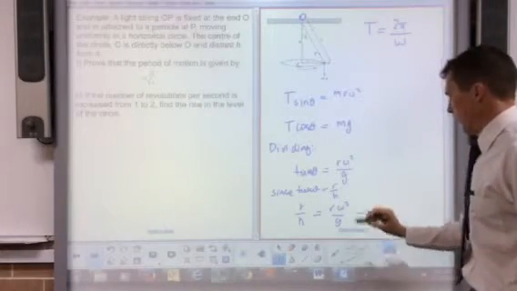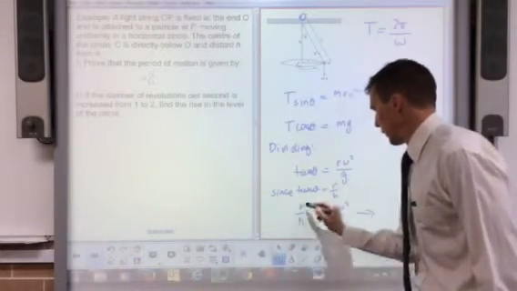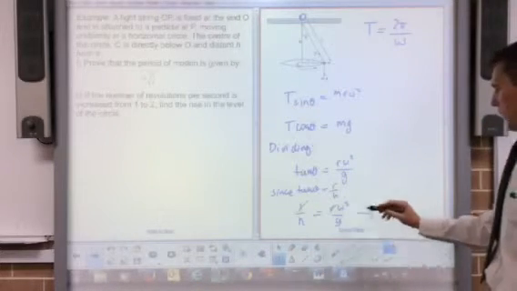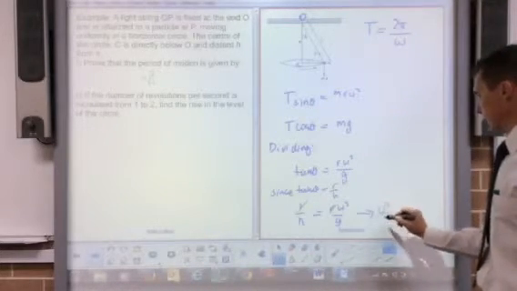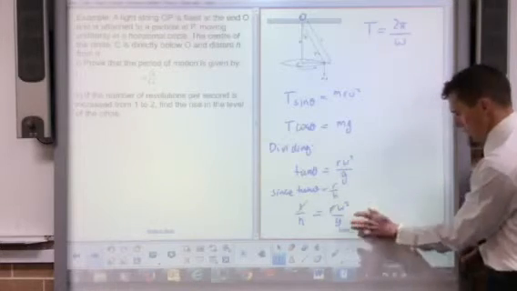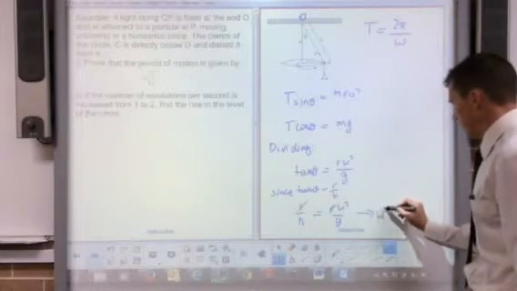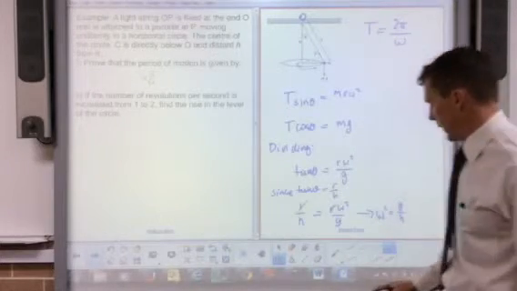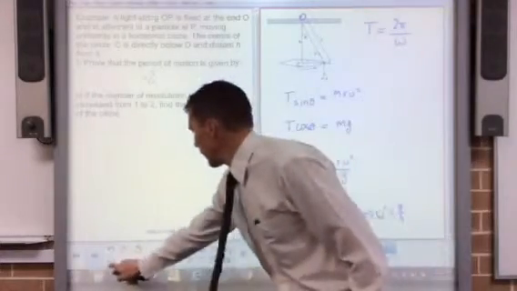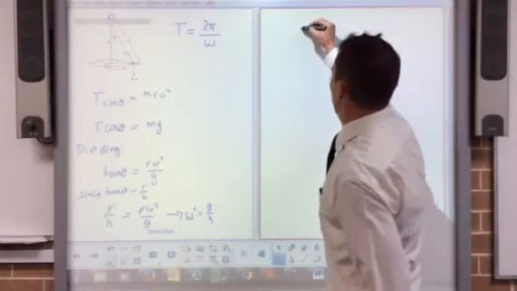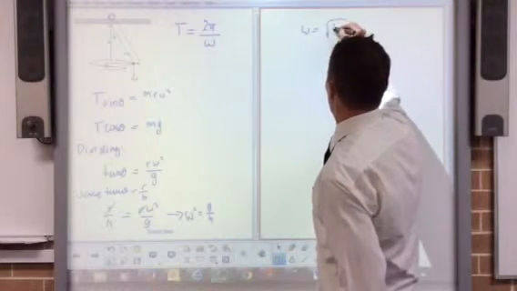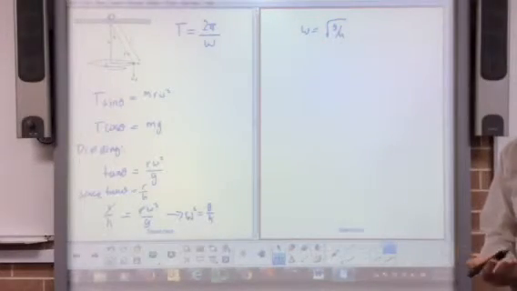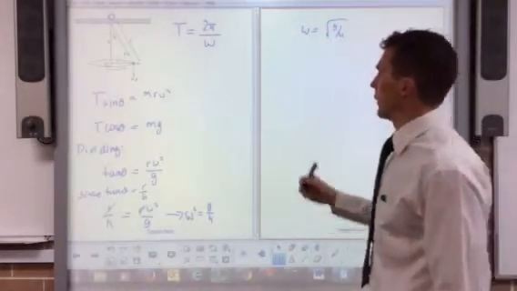Okay? So the R's cancel out, and then we've got omega squared equals G on H, and that gives us that omega equals the square root of G on H. And obviously we take the positive square root because we need the velocity to be positive in this instance.